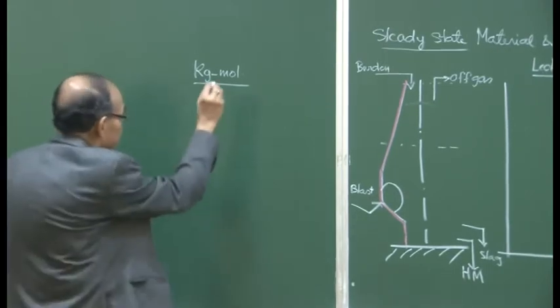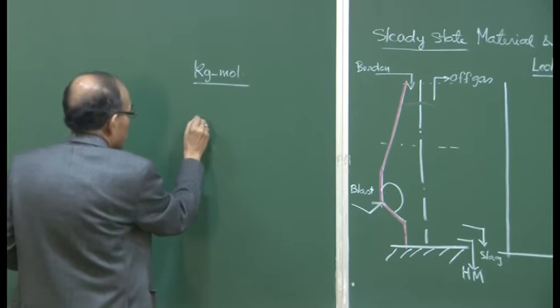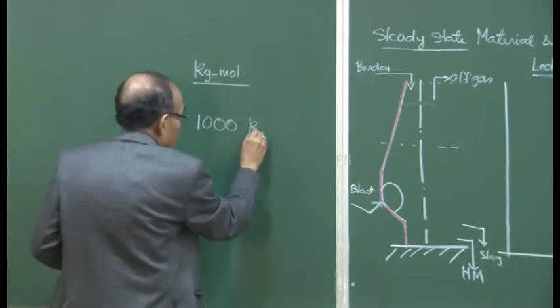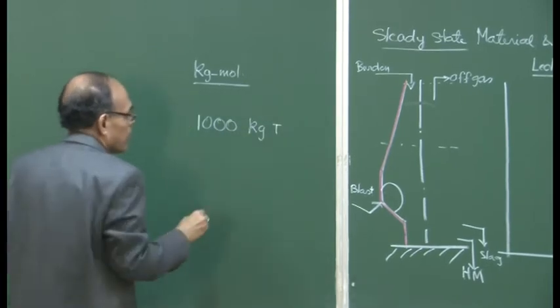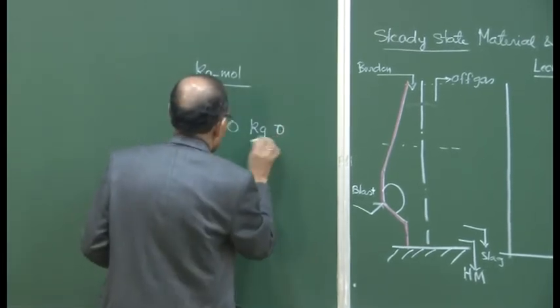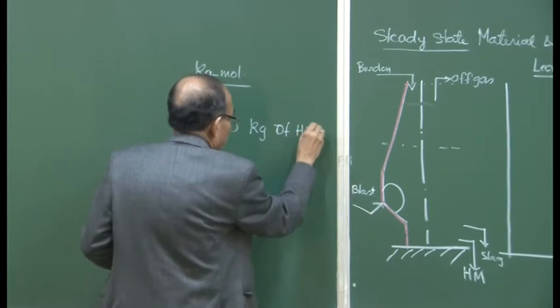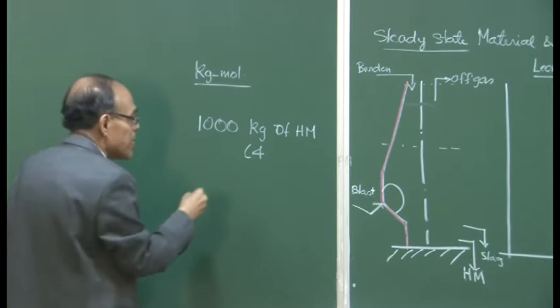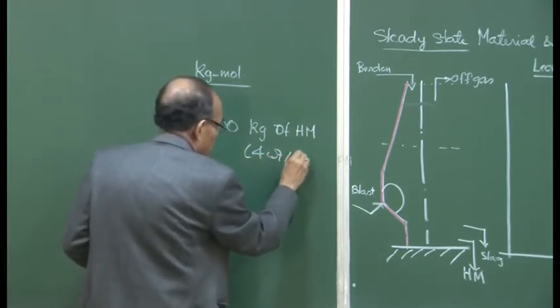So, suppose we have produced 1000 kg or 1 ton of hot metal, and this hot metal contains, for the sake of simplicity, 4 weight percentage carbon.